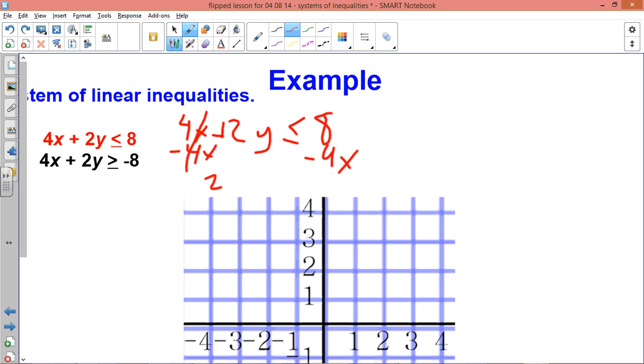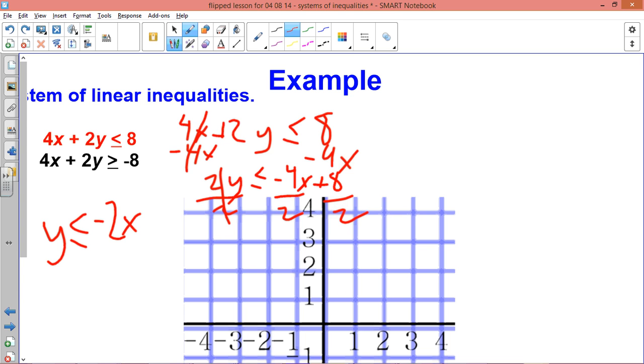Then I have 2y less than or equal to negative 4x plus 8. Divide by 2. I am left with y is less than or equal to, well, negative 4 over 2 is negative 2x, and then 8 divided by 2 is 4. So my new inequality is y is less than or equal to negative 2x plus 4.